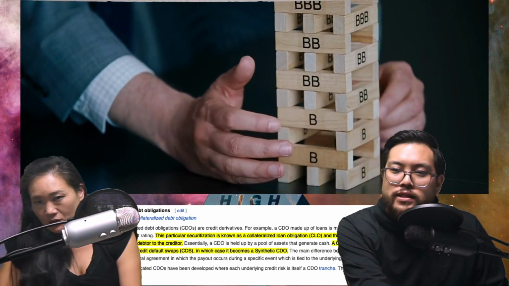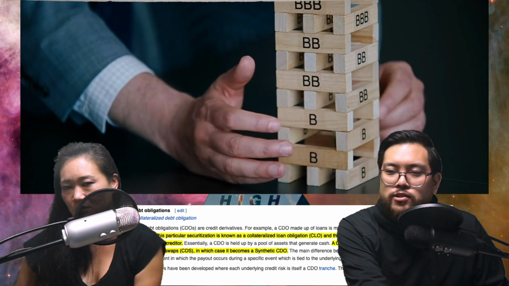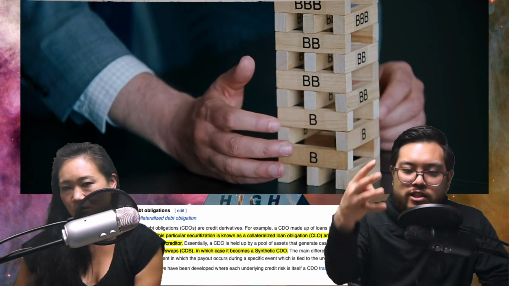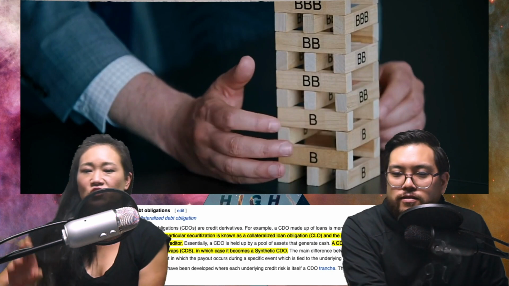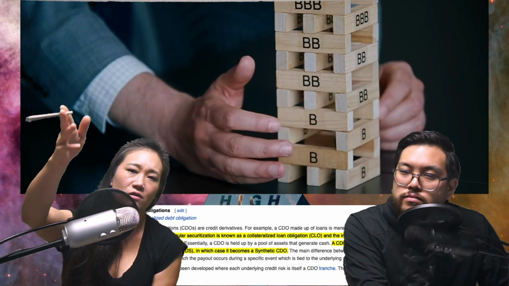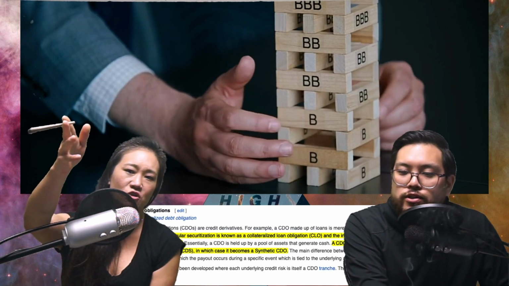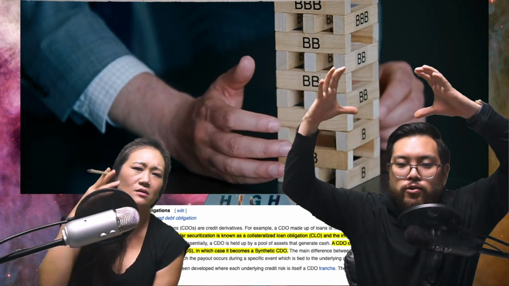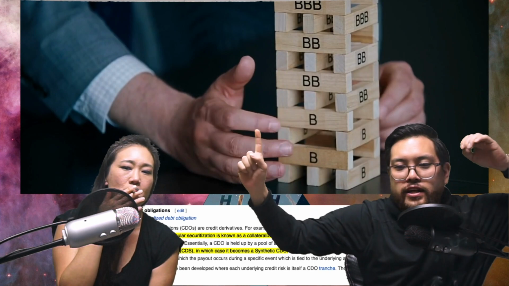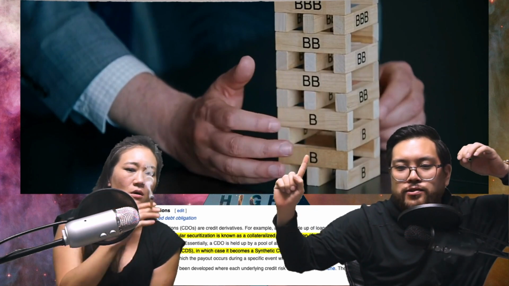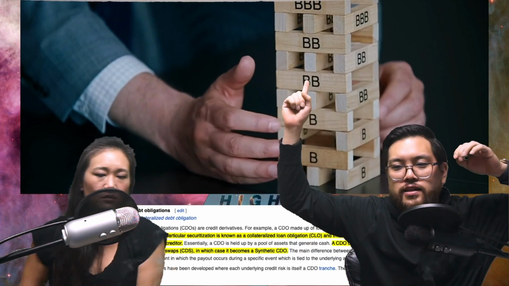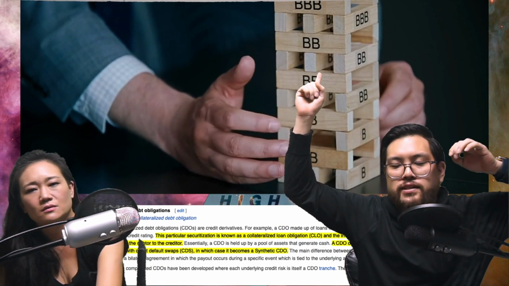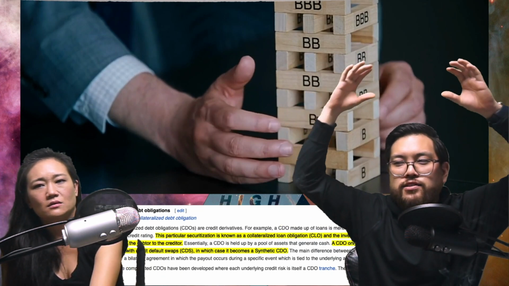So basically what this is, it's a traditional bond made of a bunch of loans. But it should be that they all look like A's, right? Well, no. B's on top of BB's on top of B's. So the loans inside the bond are individually rated based off of credit. So there's B's, double B's, triple B's, and then there's A's, double A's, and triple A's.